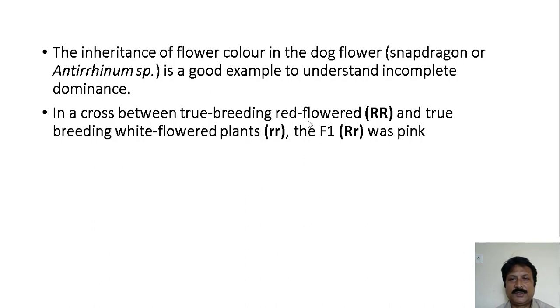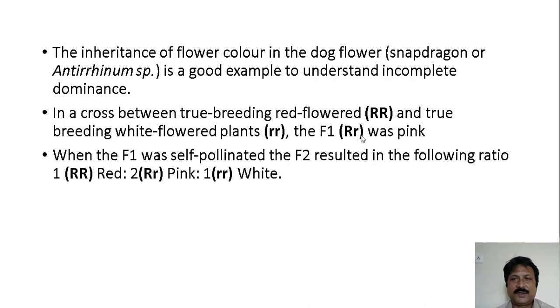This type of notation we write in Mendelism, where capital R is a dominant trait and small r is a recessive trait. This is just to make this thing clear that we are writing. Now when such flowers are crossed, the F1 of course will be capital R small r, and this F1 is neither red nor white, rather it is an intermediate, that is pink color.